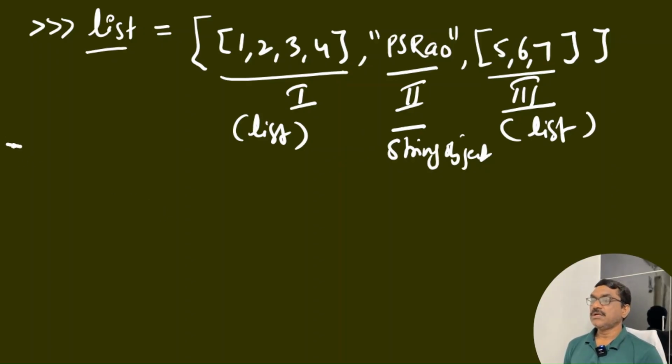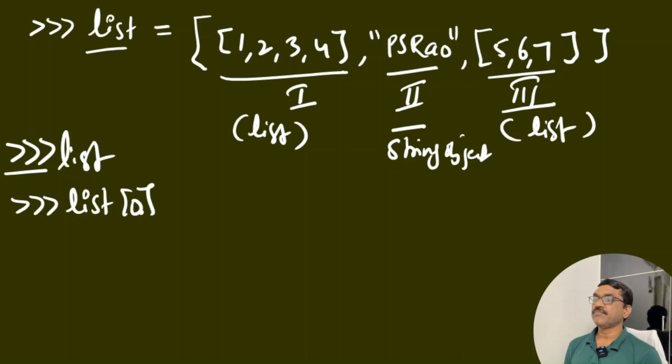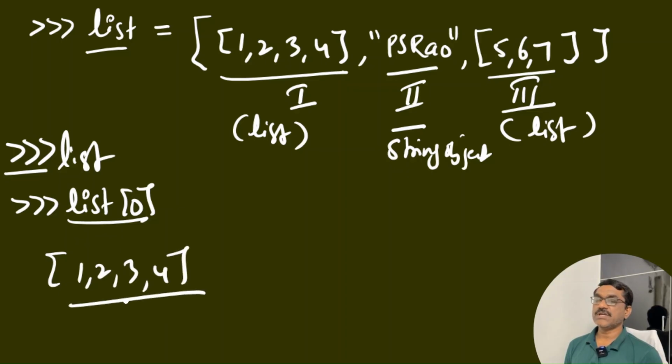Now at the Python shell, if you say list, then this entire list will be displayed. Now how to get the first data item? To get the first data item, we are going to say list of 0. When you say list of 0, we are going to get the elements 1, 2, 3, 4. The first data item is a list. Now if I say list of 1, what are we going to get?